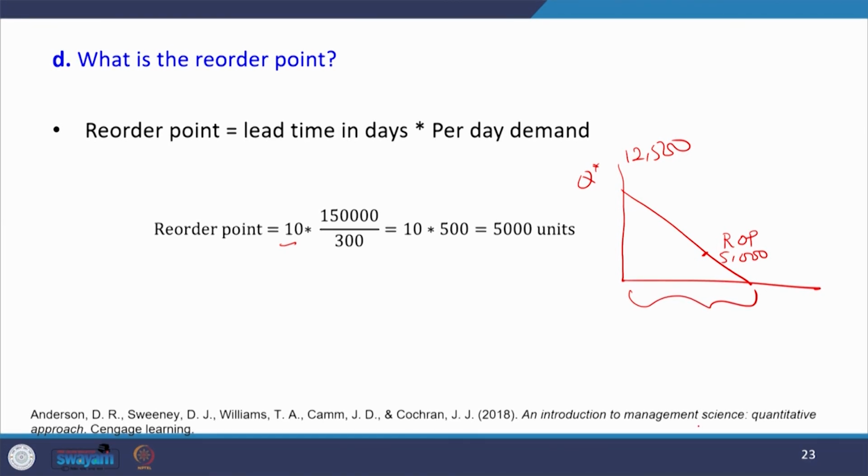How many orders? The number of orders is 12. So, this is 25 days, and like this it goes up to 12 times.